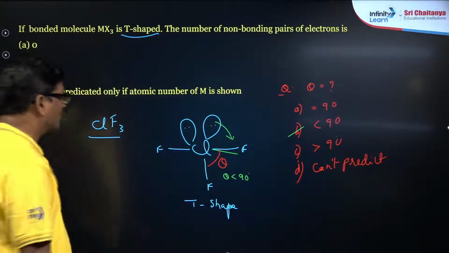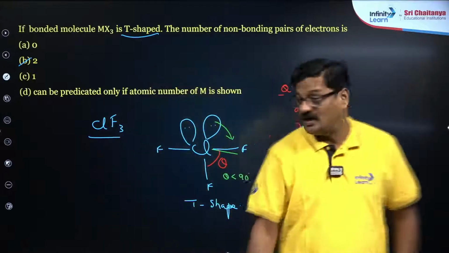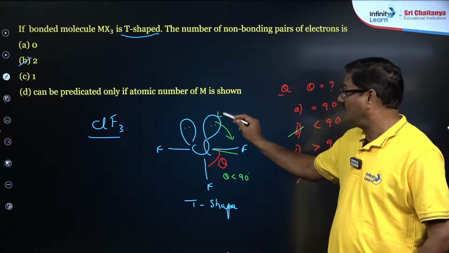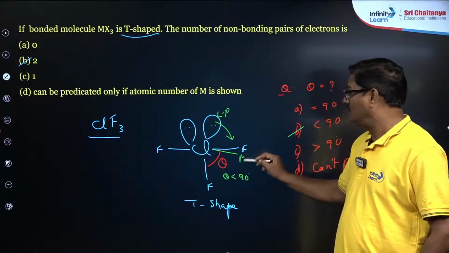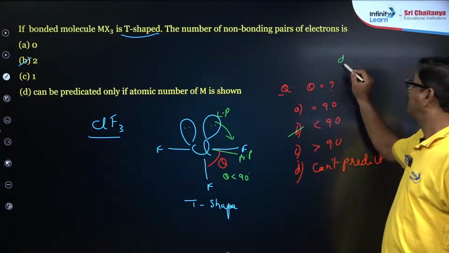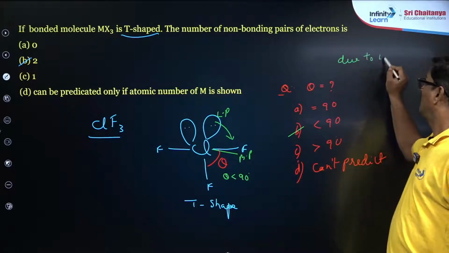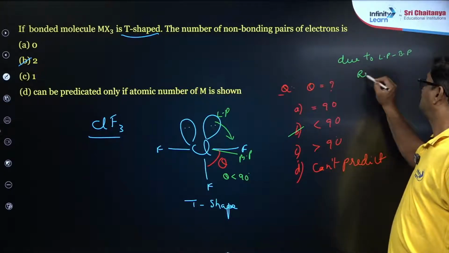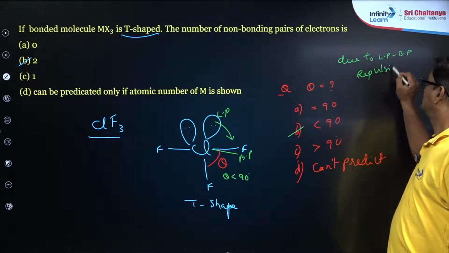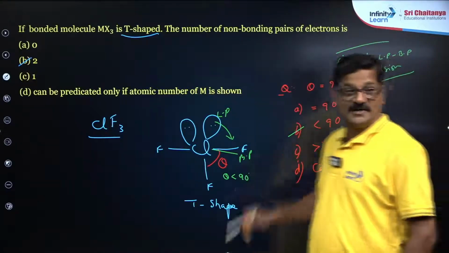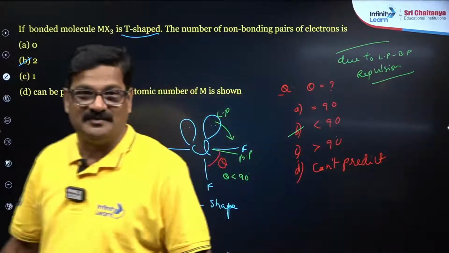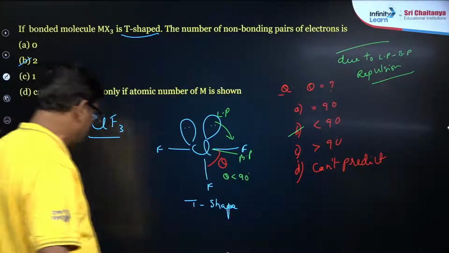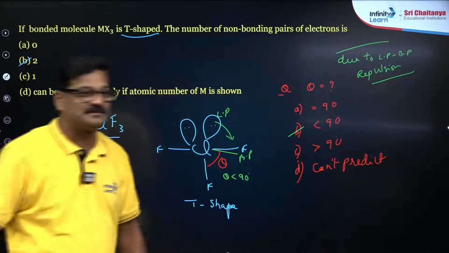The answer is going to be due to lone pair and bond pair repulsion. ठीक है? Very good. And one more question for you.